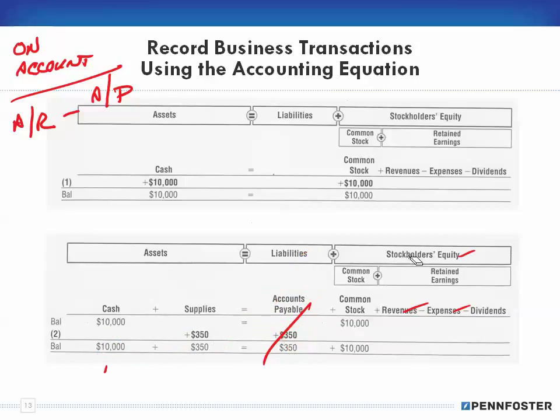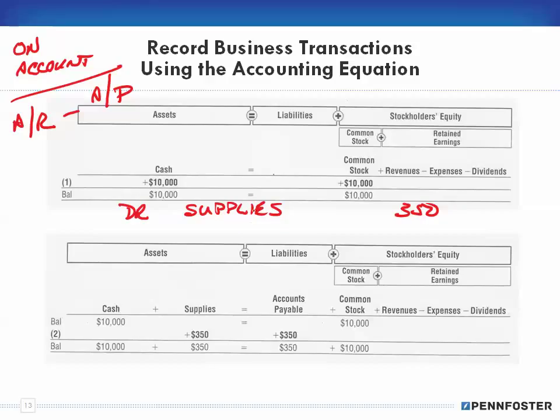So when I buy supplies on account, my journal entry, if I'm actually writing it in a journal, would look like this. I'm going to debit supplies for $350. Now, why supplies?